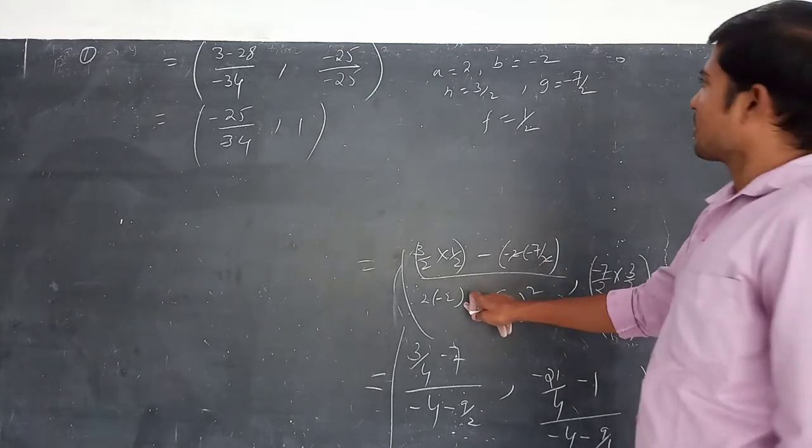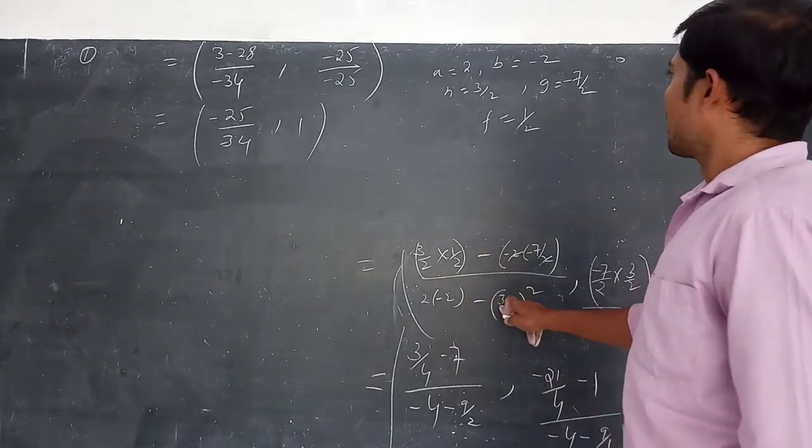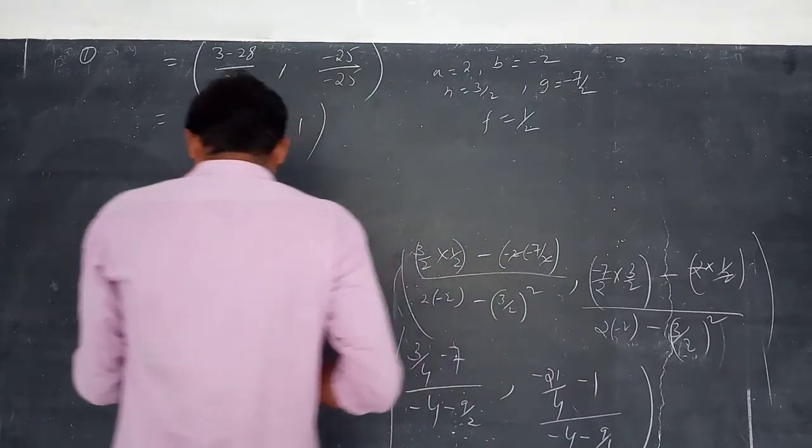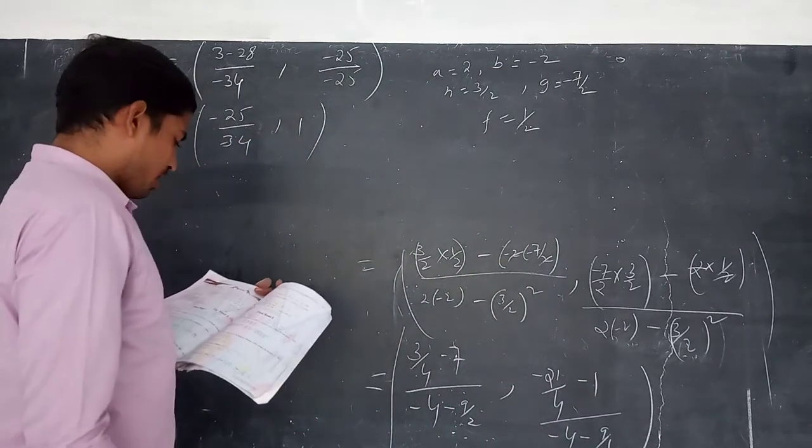ab minus h square, ab minus h square, 3 by 2 whole square. Up to that clear. ab minus h square.